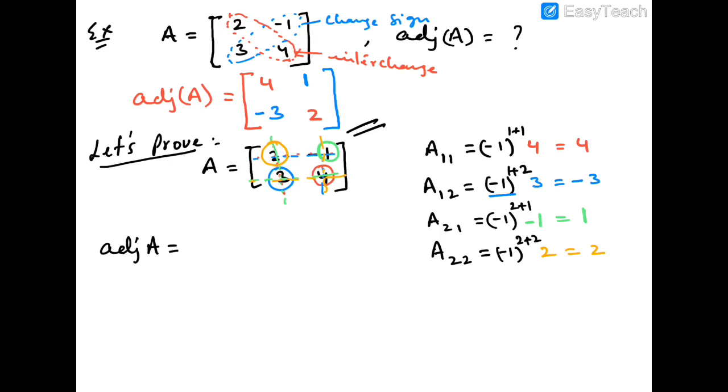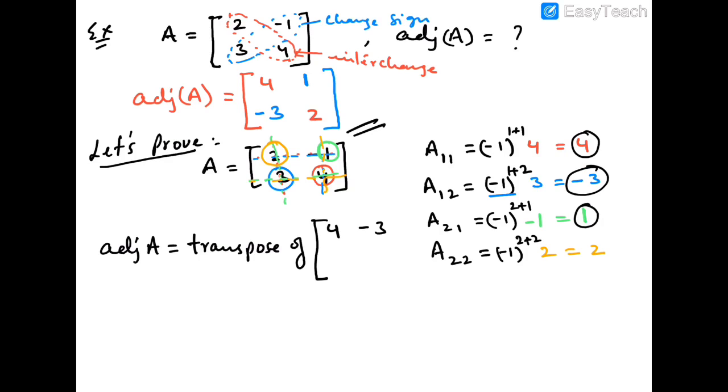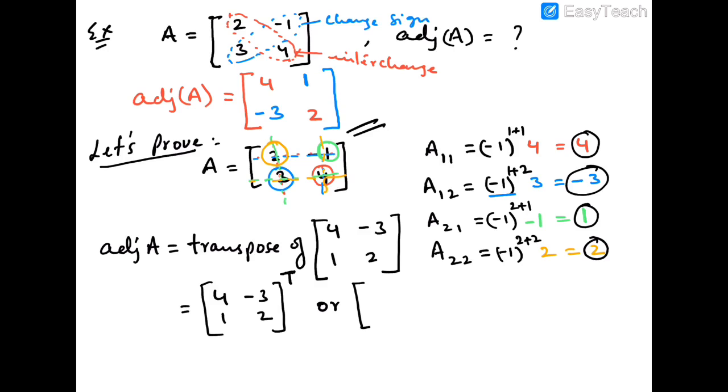So adjoint A is the transpose of all these cofactors, that is 4, -3, 1 and 2. We can also write it with the symbol T or prime.